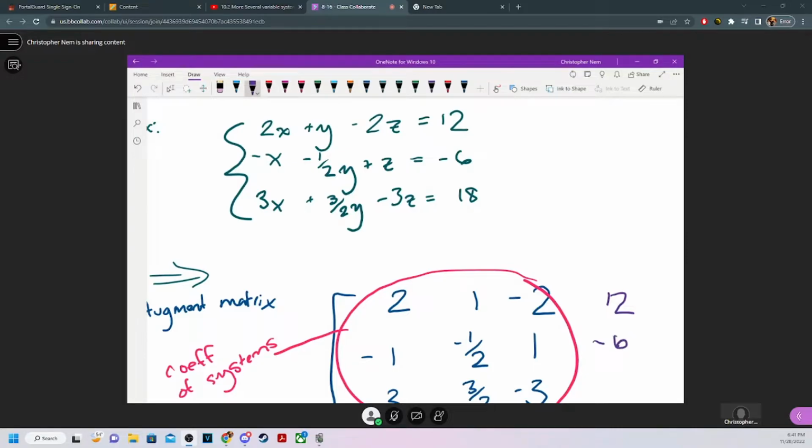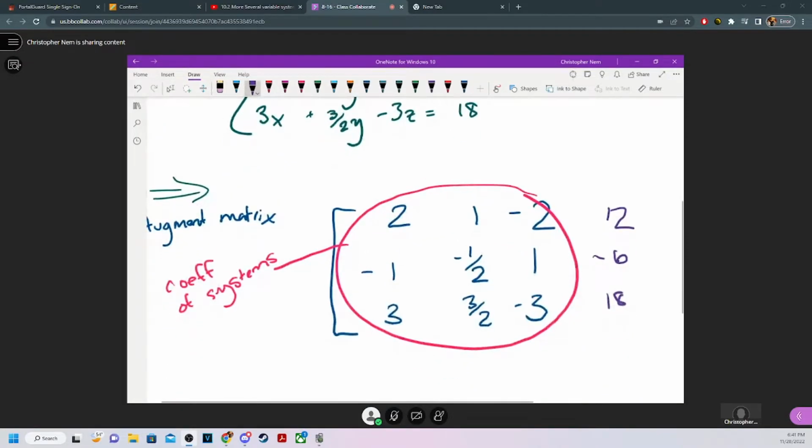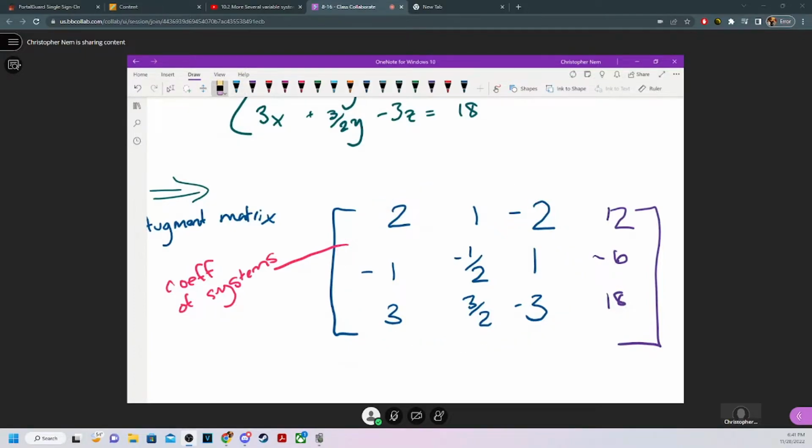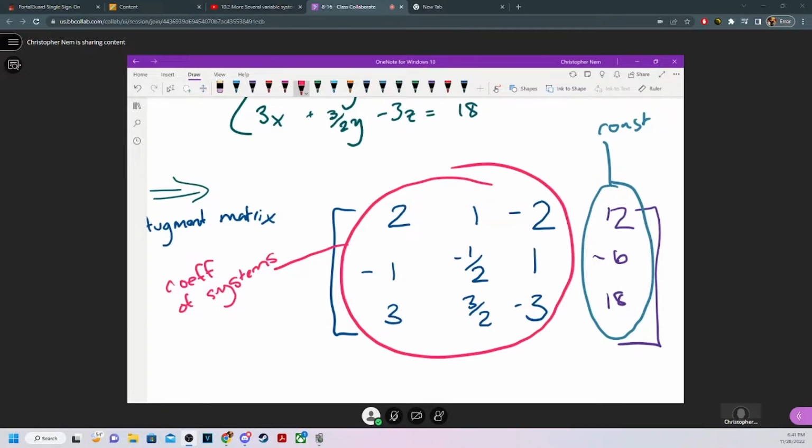Negative 6, 18. This is our array of numbers, or our box of numbers. This column in particular is going to be your constants, and this is going to be your coefficients. This is what makes up our actual matrix.